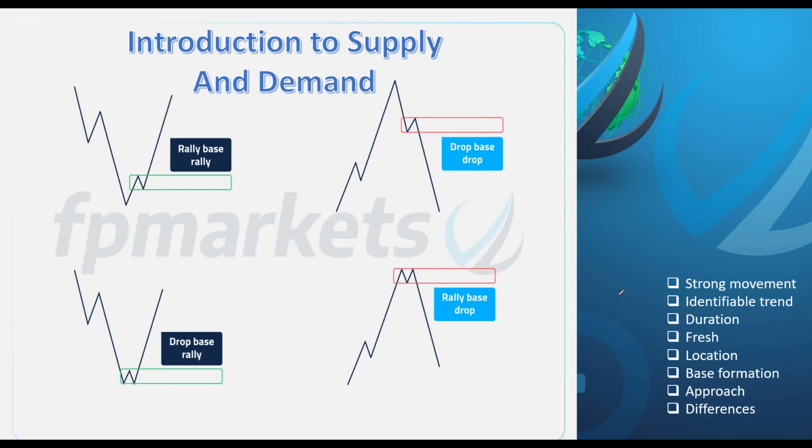These are the common terms associated with supply and demand, though for me, and this is only my personal preference, I concentrate most of my attention on rally base rally areas and drop base drop zones. They just seem to be positioned in the right locations for me to have confidence, nothing more.